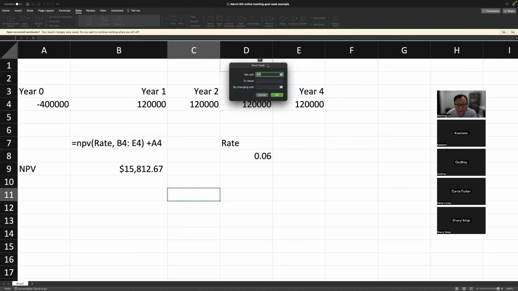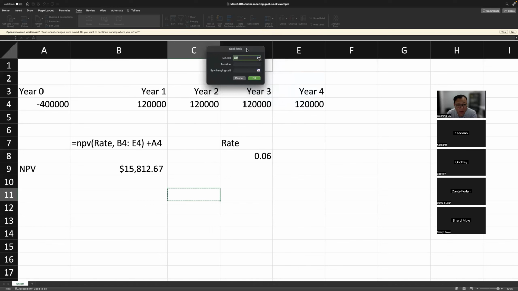okay? And then which is the cell you want to set up? Well, the cell is this cell, right? B9, that is the net present value cell. And then you want it to be what? Which number do you want this cell to be? Can anyone tell me? What's your goal on this cell? What do you hope this cell to be?